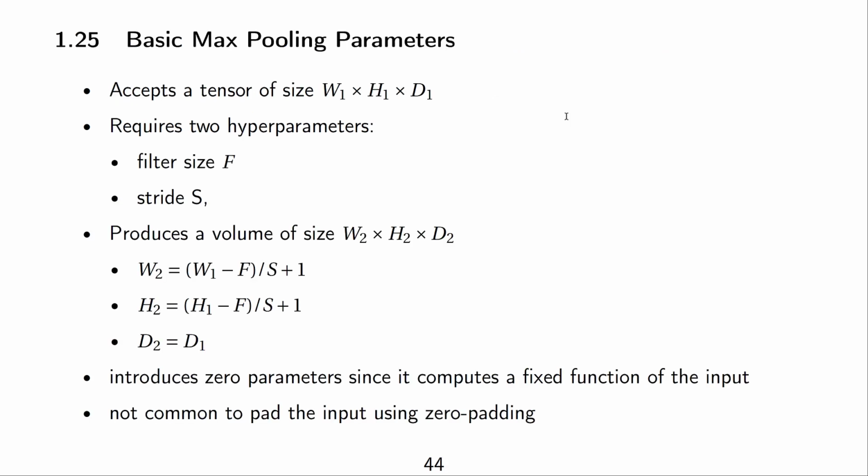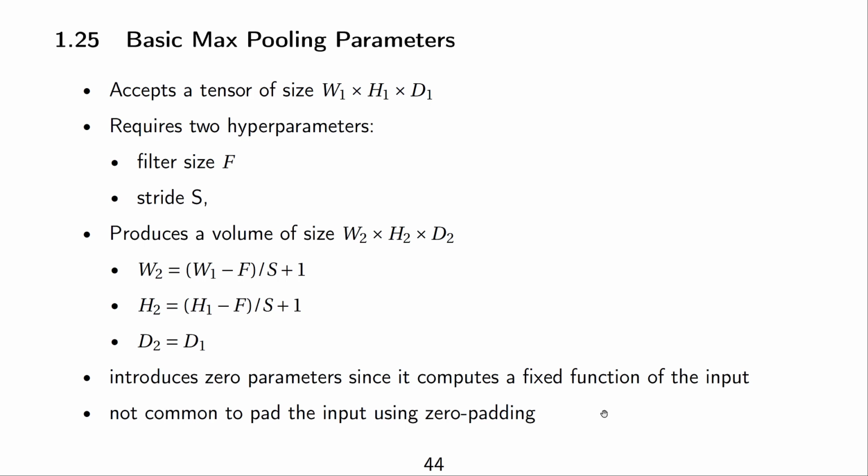Now this is basic pooling, it's max, maybe it could be anything, with basic parameters. We take an input tensor of size width times height times depth, and there are two hyperparameters, filter size and stride. Then we produce a volume of size, again, width times height times depth, where the depth of the input needs to be the same as the depth of the output, and there's a relationship between the spatial resolution that depends on the filter size and the stride.